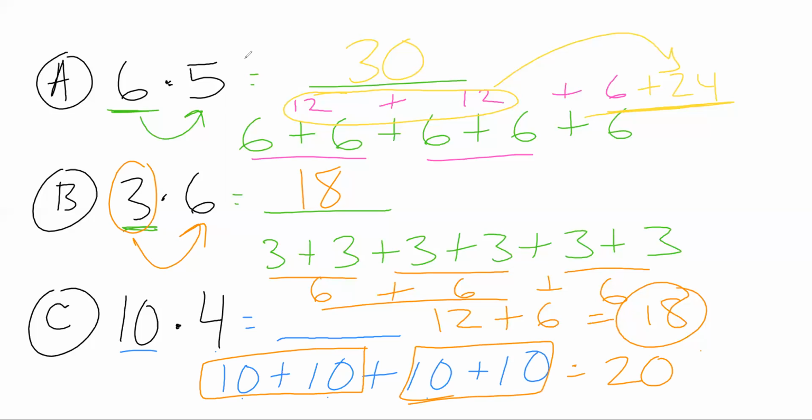This 10 plus 10 gets me 20. So 20 plus 20 is 40. And here's my answer. 10 times 4 is 40. So this is really the cool idea of what we can use repeated addition for to solve multiplication.